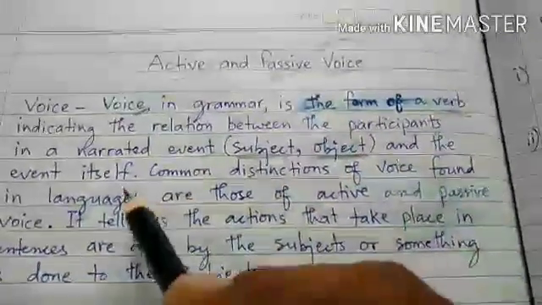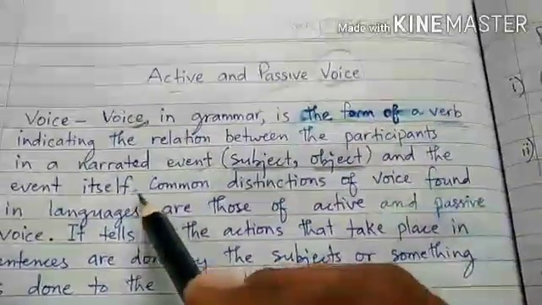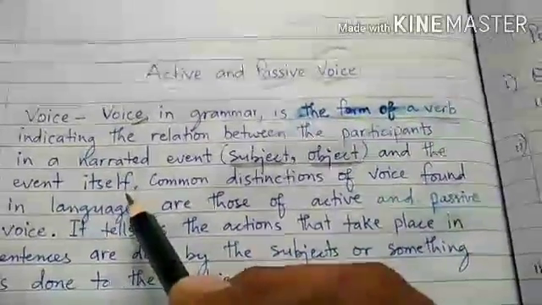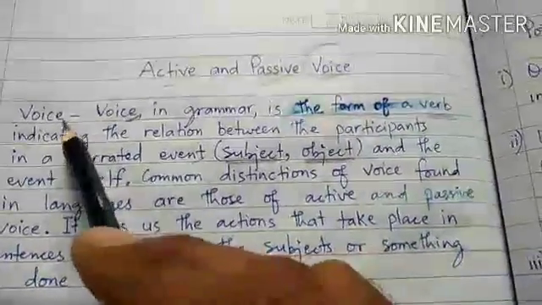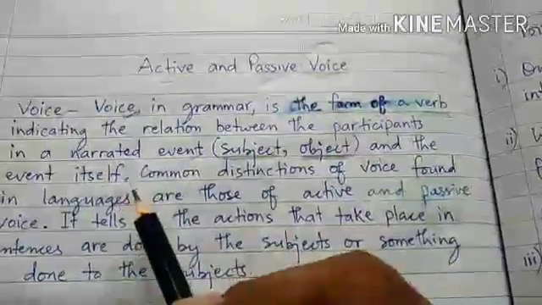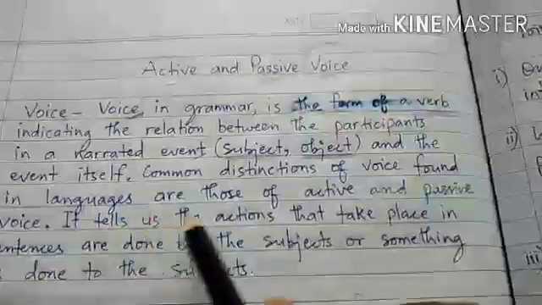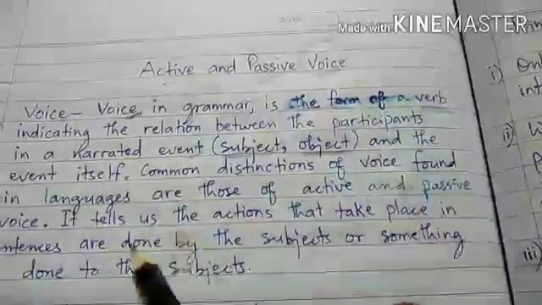Okay, and how the event is performed itself is also expressed through voice in grammar. Okay, so common distinctions of voice found in languages are those of active and passive voice.